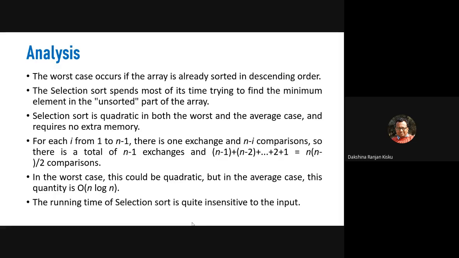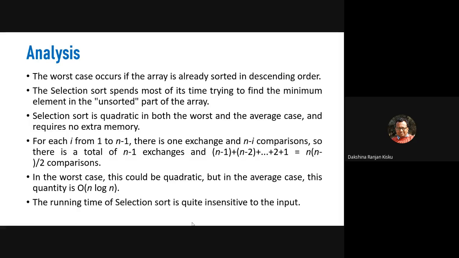So basically it will compare one element with all the remaining elements in the unsorted array. Here selection sort is quadratic in both the worst case and average case, and it requires no extra memory. That is why this is called an in place algorithm, because it does not require extra memory.